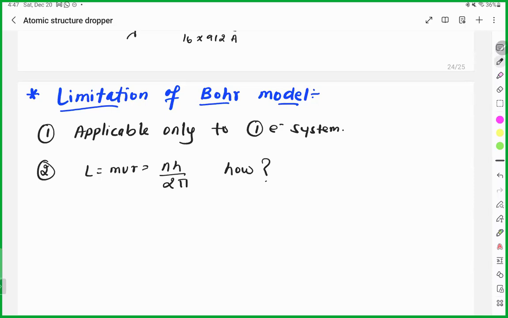Third, Bohr theory does not explain the spectral line structure, like what happened in the different structures.